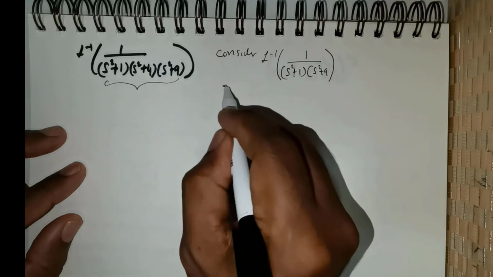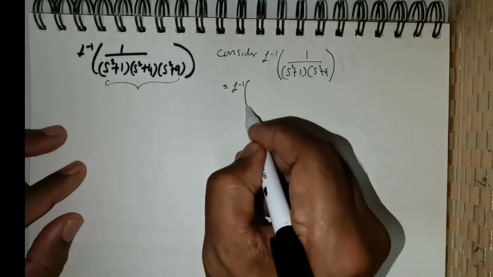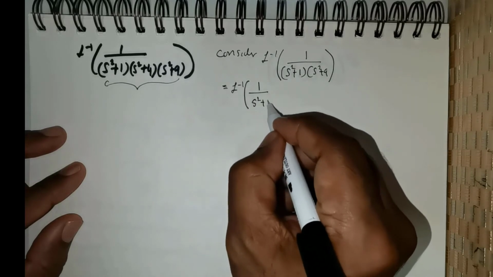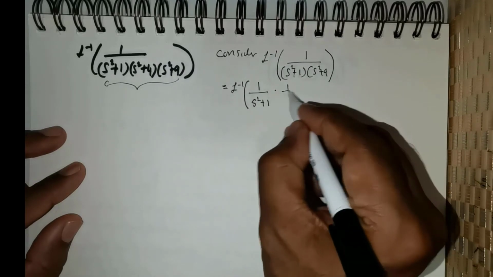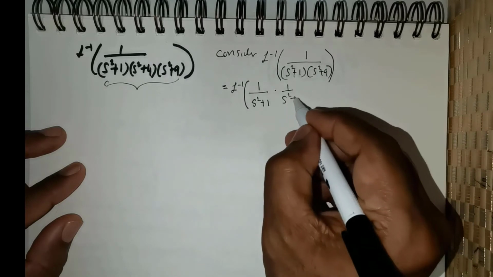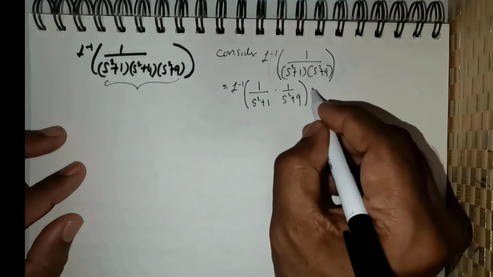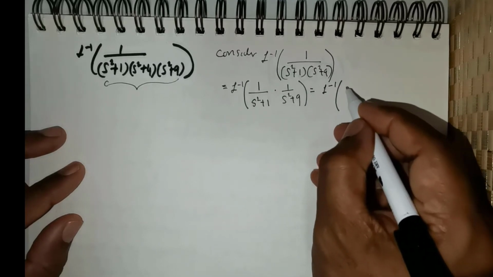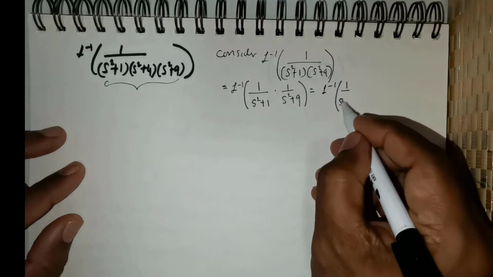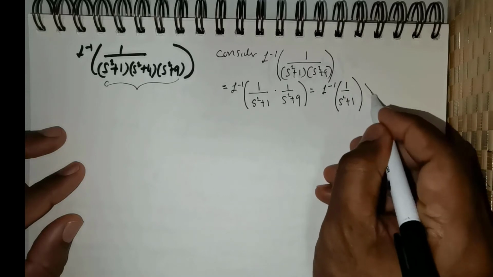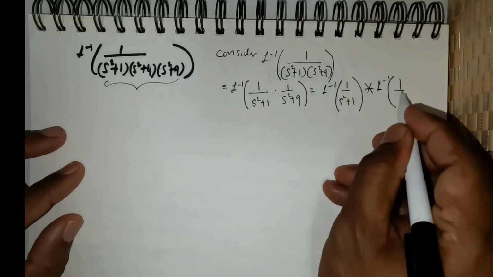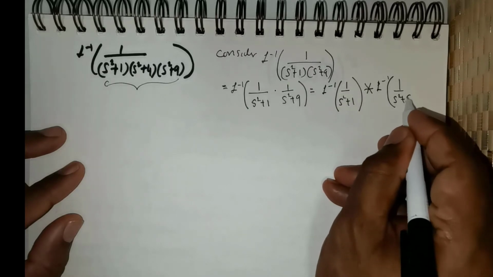So I'm going to be rewriting it as Laplace inverse of 1 over s squared positive 1 times 1 over s squared positive 9, which can be written using the means of convolution as Laplace inverse of 1 over s squared positive 1 asterisk Laplace inverse of 1 over s squared positive 9.